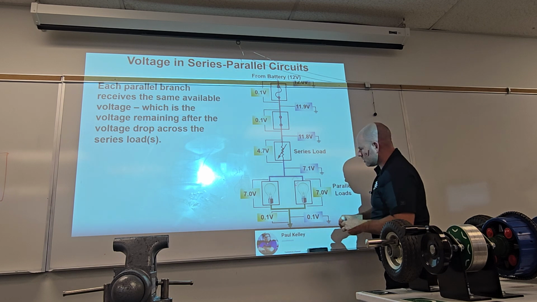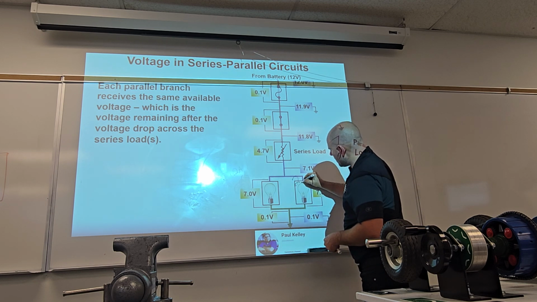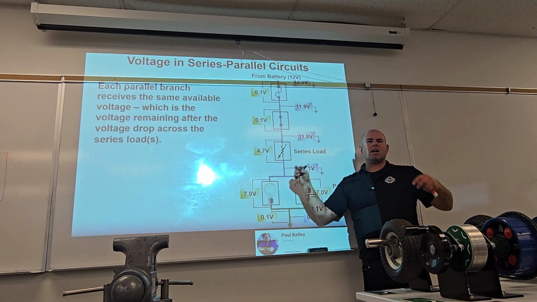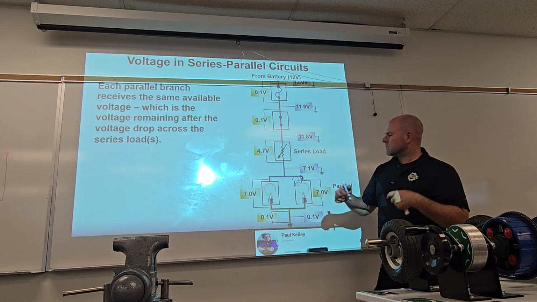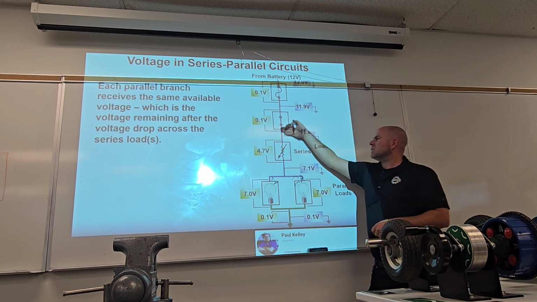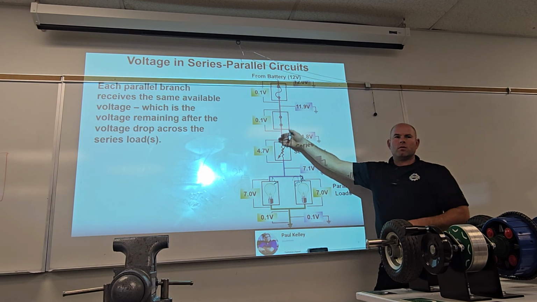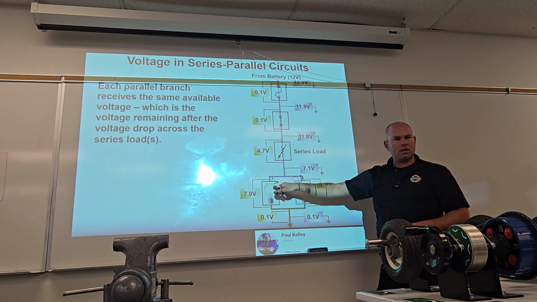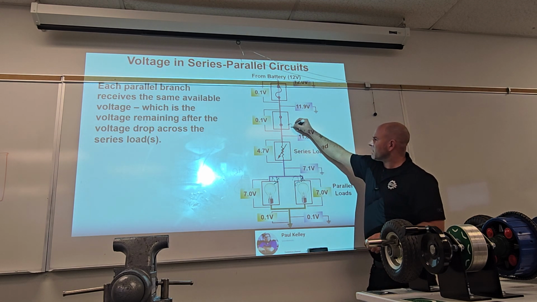I'm going to change colors. If we go with 2 amps right here, and this one was supposed to be 2 amps, but it got a little extra resistance in it, and it dropped to 1. What's the effect on this series part? What's this going to be now? 2 here, 1 here, 3, exactly.